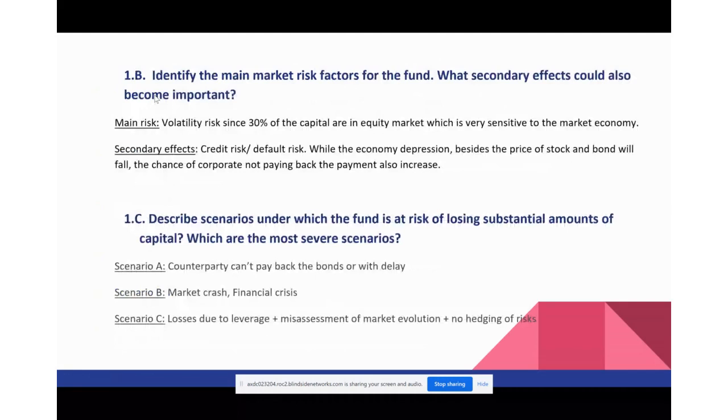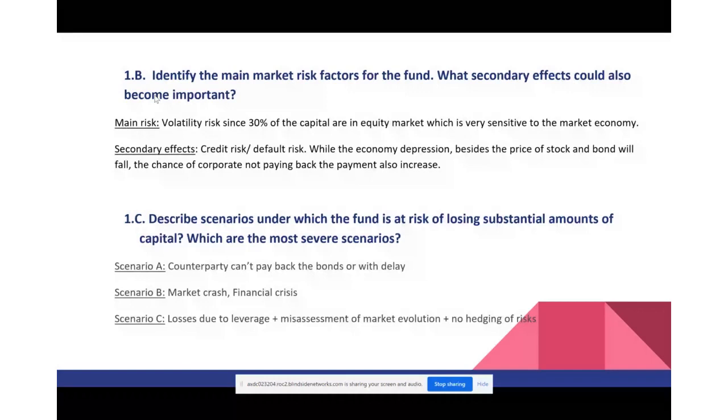So we identify that the main risk is the volatility risk because it is 30% of the capital, and as spoken, the corporate bond is also highly correlated with the equity market.